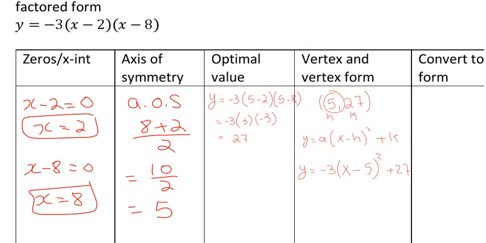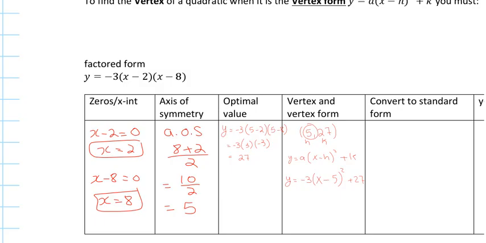Now, so I started with the standard form. You see that we did write it. We did go from factored to vertex, but we didn't use the actual, what is it called? The actual algebraic method. We didn't use the front door, we used the back door to solve it.